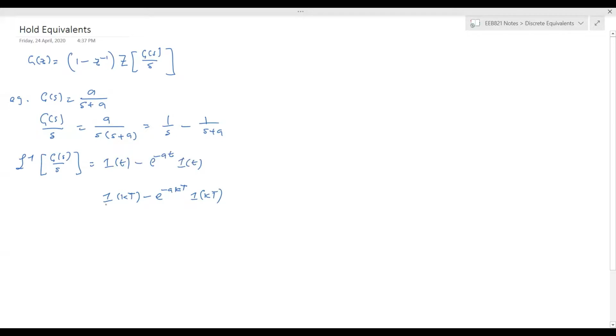This is taking a discrete version of the continuous function.